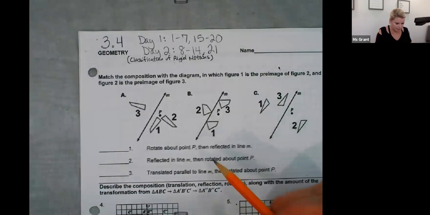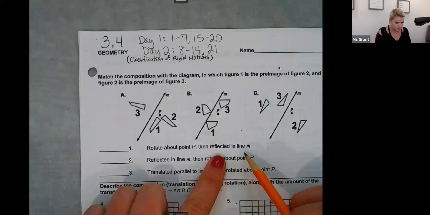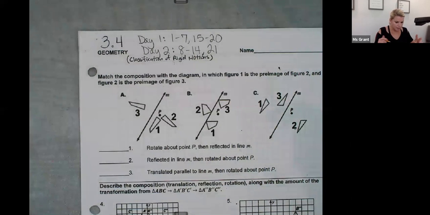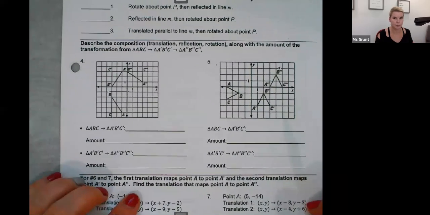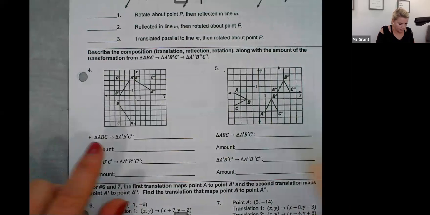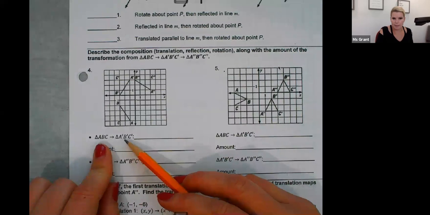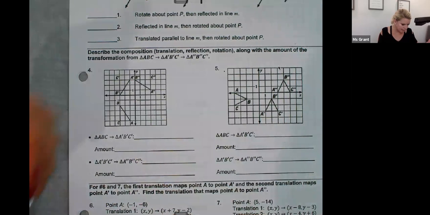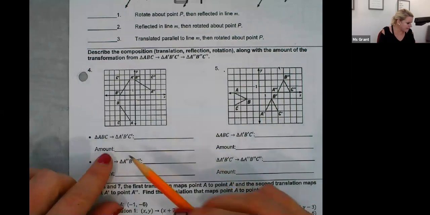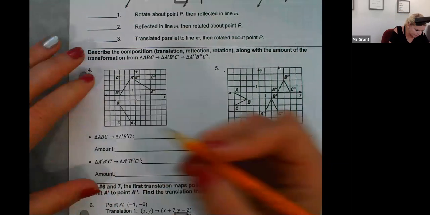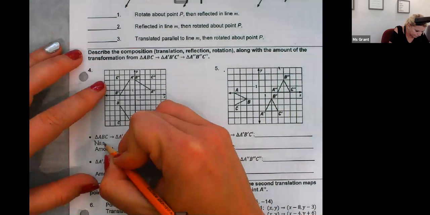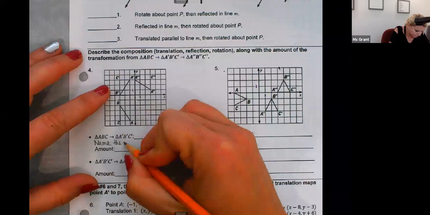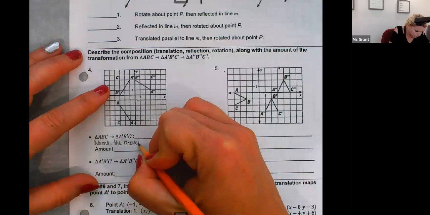Which was done? Which was rotated about P and then reflected? I'm going from 1 to 2 to 3, right? Down here, if I go from triangle ABC to triangle A prime, B prime, C prime, is it a reflection, a rotation, or a translation? And then the amount means name the movement.